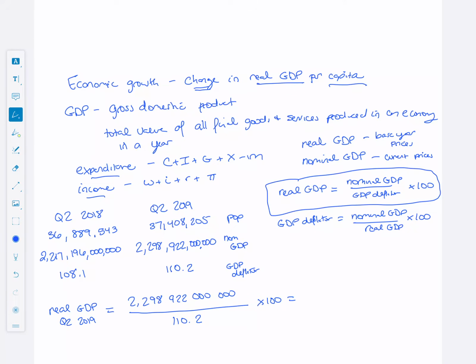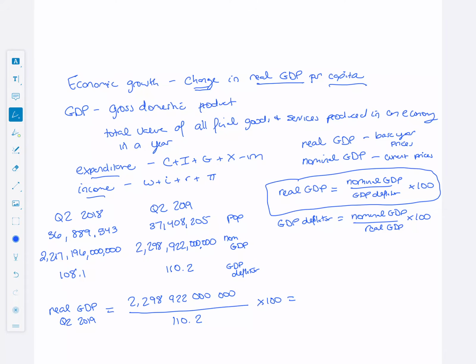So we're simply adjusting that 2.2 trillion for the amount of inflation compared to our base year. And remember, the GDP deflator in the base year is 100.